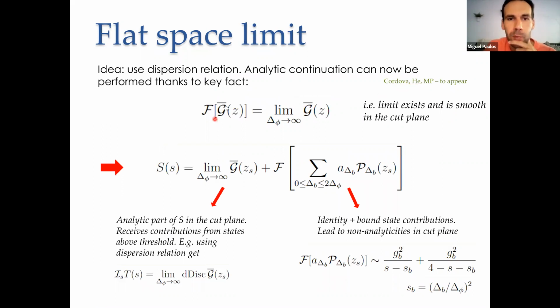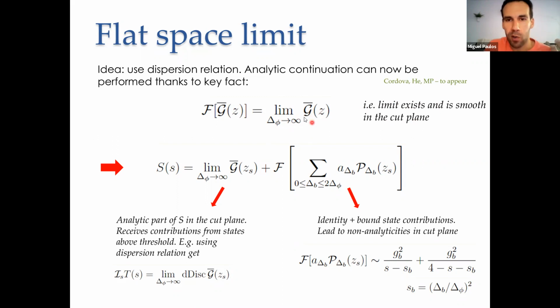And the key fact is that these subtracted correlators that we discussed have a very simple flat space limit, in that they require no analytic continuation. For these subtracted correlators, the flat space limit is simply the large delta phi limit, and this limit exists. So this means that this object, G bar, when you take delta phi to infinity, is a smooth analytic function in the cut plane. And so we're going to do a split.